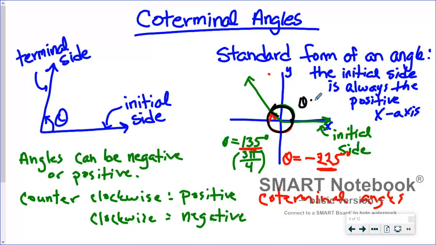So this theta can be 495, which is also a coterminal angle. Could I start here at my positive x-axis, go all the way around twice, and then come here and stop again? Sure, I can. So how many coterminal angles does any angle have? Infinity.